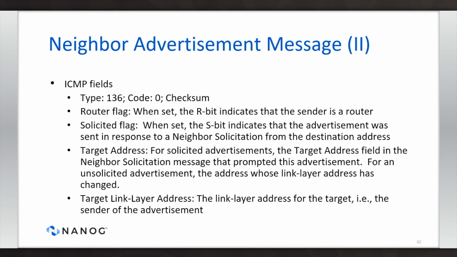It's the target address in the neighbor solicitation message that prompted the advertisement. For unsolicited, it's the address whose link layer address has changed. Basically, a neighbor advertisement you would send in 2 cases: if it was solicited or if you were renumbering and you changed your own address.